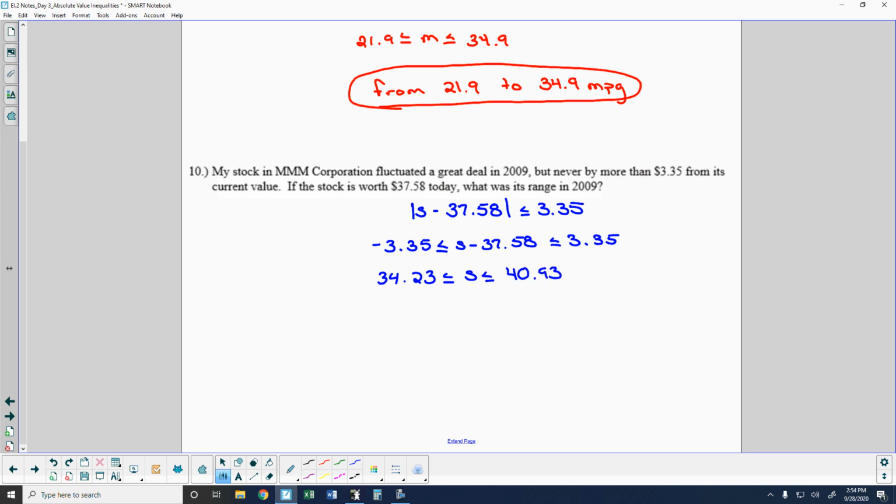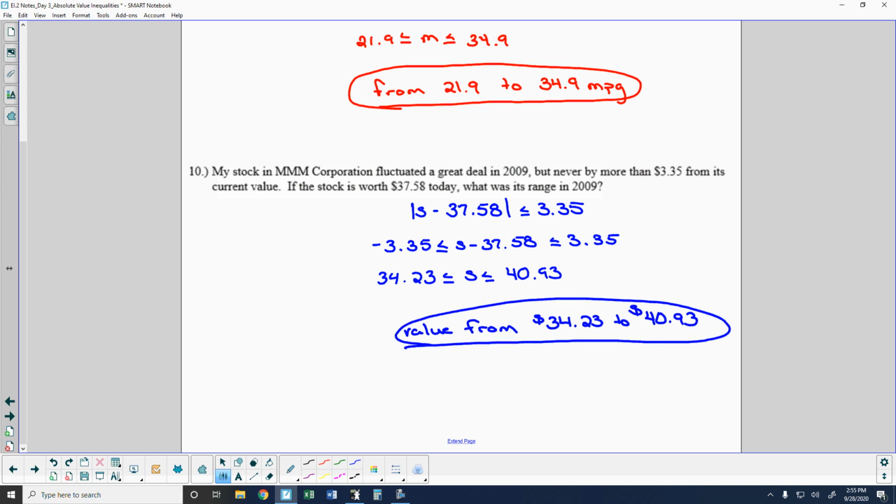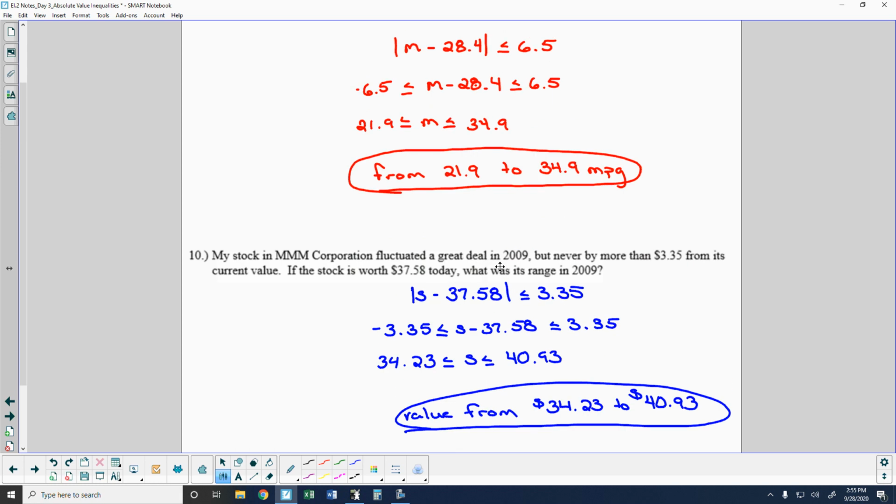So the stock value was from $34.23 to $40.93 in 2009.